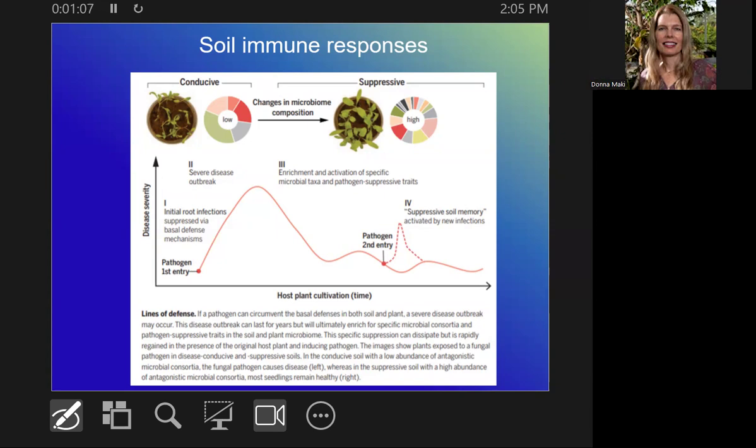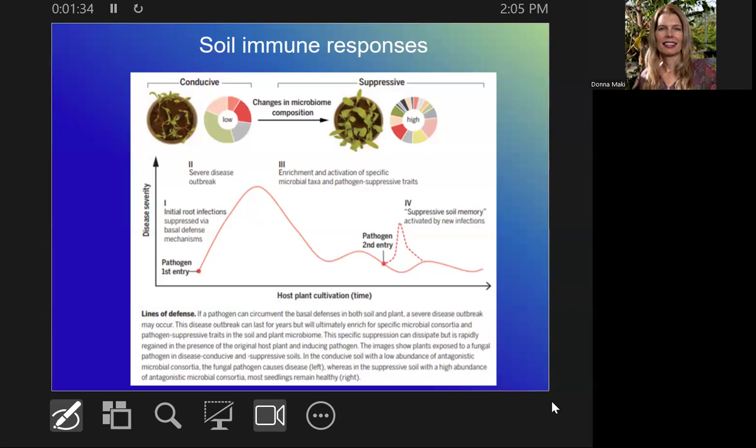And in this case, with this graphic, they're showing that if you get this immune response initially developed where you're on the road to suppressiveness, when the pathogen gains entry again, that same pathogen, then the soil is pretty much ready to go and able to defend much better against the disease. And so the plant should be able to survive.